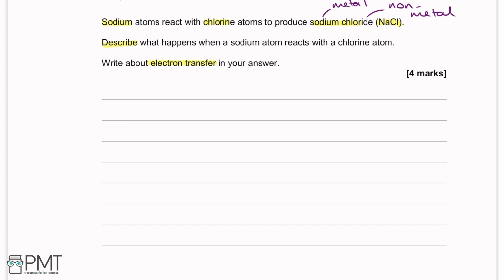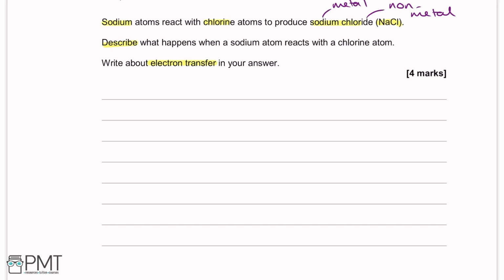Therefore, in this question, we're talking about ionic bonding, the bond which occurs between a metal and a non-metal when electrons are transferred. So, let's start by talking about what happens with sodium.